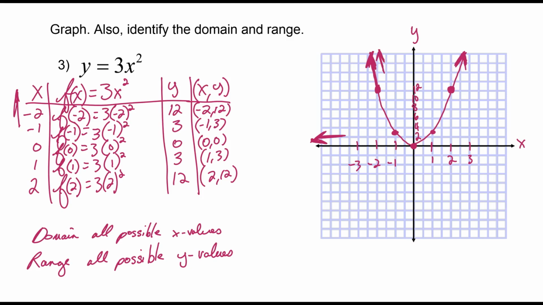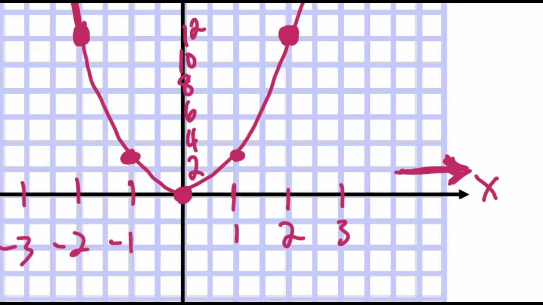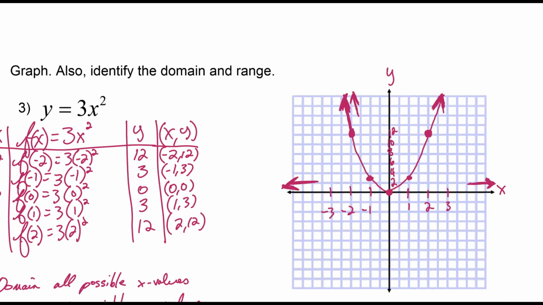So my parabola is going to continue to go up that direction. All right. Conversely, as x approaches positive infinity, as x gets really, really big and goes really, really far in that direction, y continues to get really, really big in that direction, or my y values continue to head off towards positive infinity.